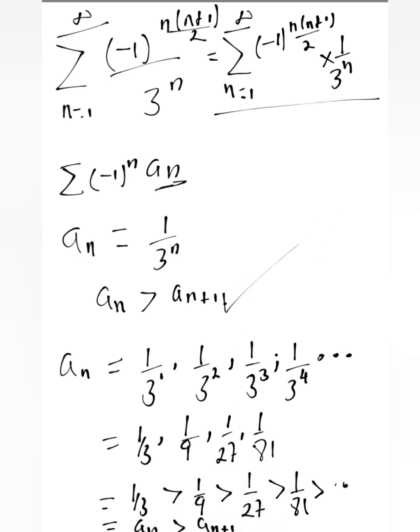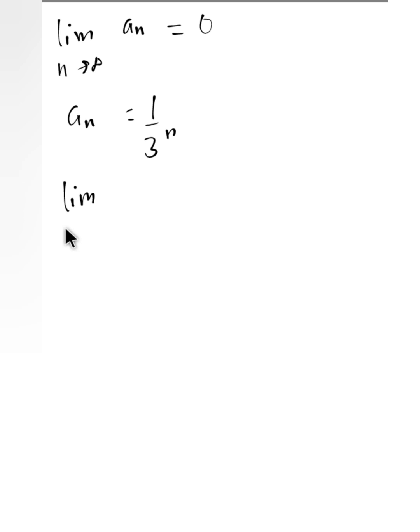Thus, the first condition is satisfied. Now, the second condition for this series to converge by alternating series test is that the limit as n tends to infinity of a_n is equal to 0. Remember that a_n is equal to 1 over 3 raised to power n. Now let's find the limit as n tends to infinity of a_n.